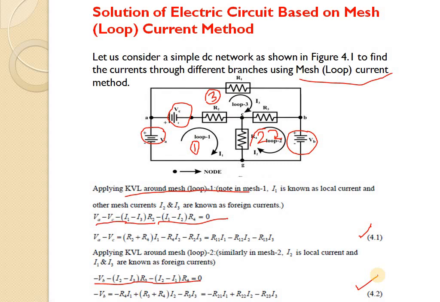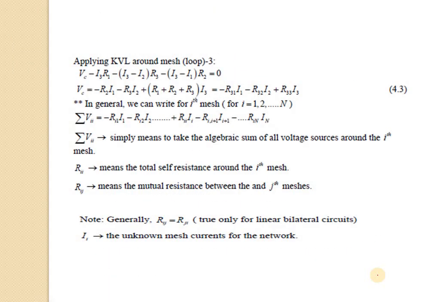Then (I3 minus I1) into R2, plus R3 into (I3 minus I2), plus R1 I3, and these all equal VC. That is the equation 4.3 we have got here.